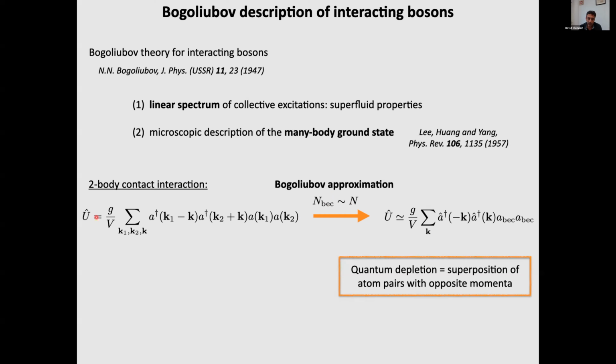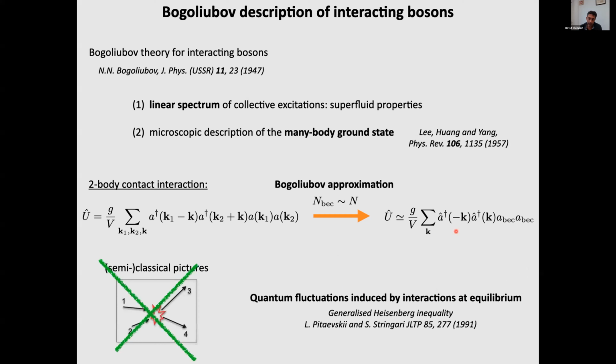Therefore, you can write this interaction term to first order by taking two atoms in the BEC, which enter the collision. If I take just these first two operators, what we are left with is the creation of a k, minus k pair. So the quantum depletion, which is the depletion of the Bose-Einstein condensate induced by interactions at zero temperature, consists in a superposition of such atom pairs, boson pairs, with opposite momenta.